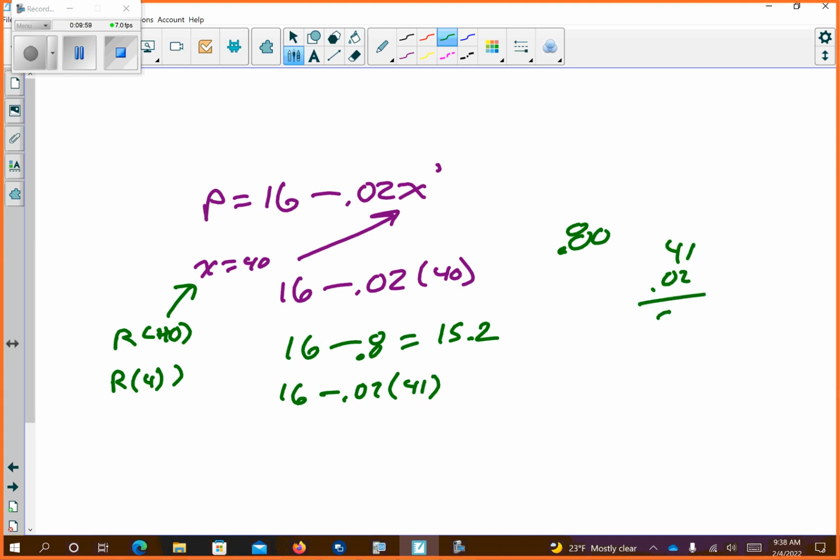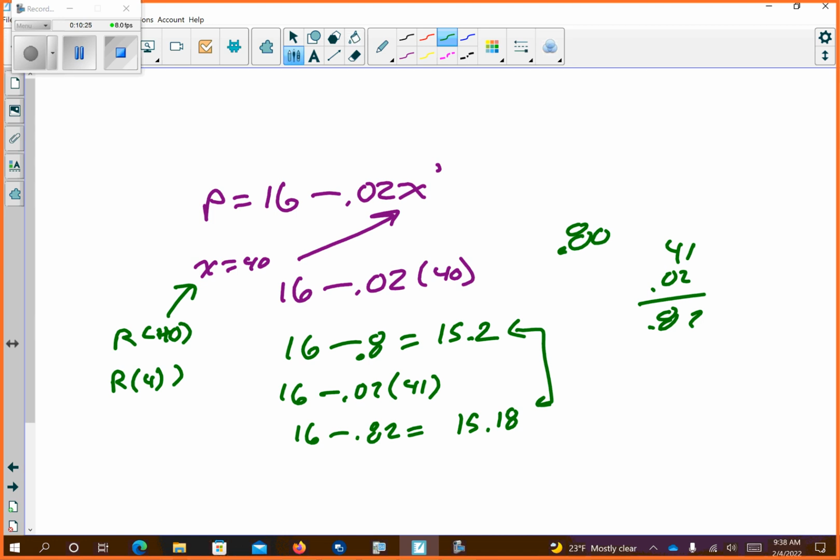2 times 41 is 82, 2 decimals, so minus 0.82. So 16 minus 0.82. So that's going to be a little bit less. That comes out to 15.18. Okay, so there's a difference in price here when you sell a certain amount more. What's the difference between the two?